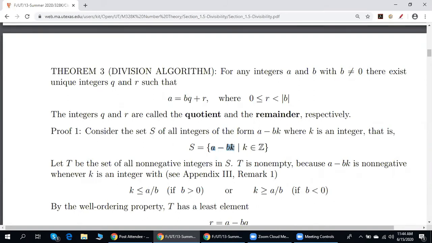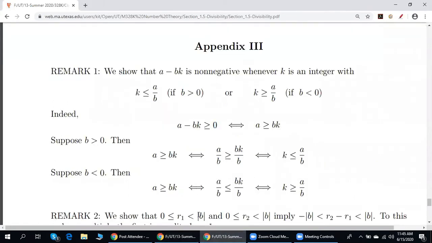Once again, here I give you two approaches. Our intuition tells us that T is non-empty because no matter what A and B are, if B is non-zero, it is possible to find K such that this is greater or equal to 0. But over here, I provide a rigorous proof.